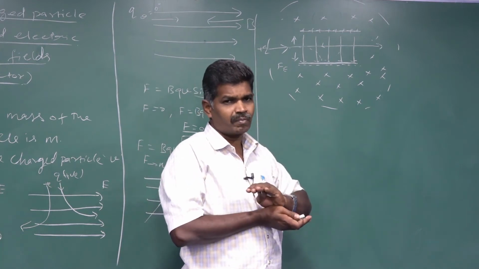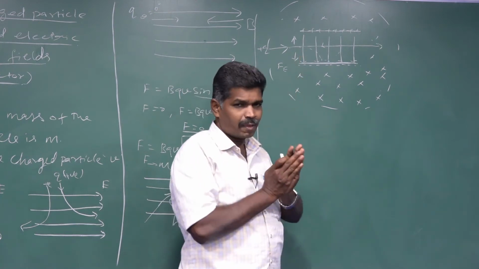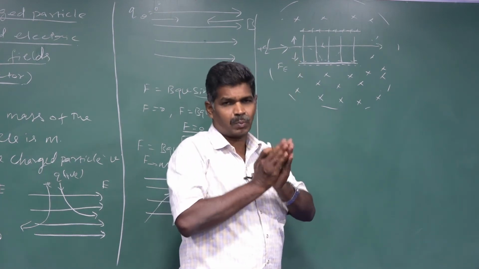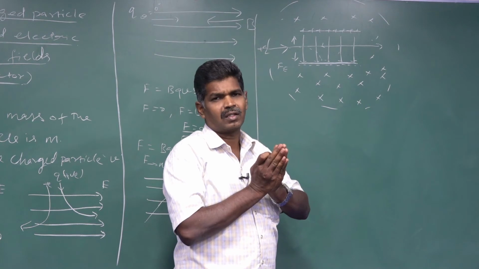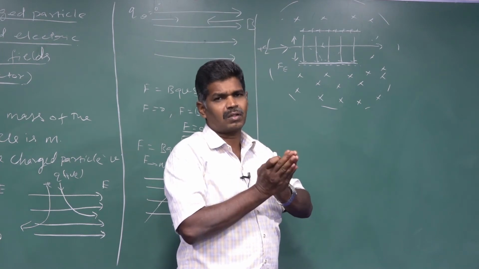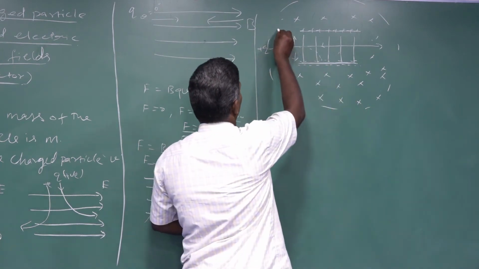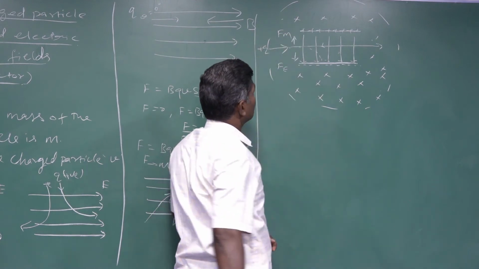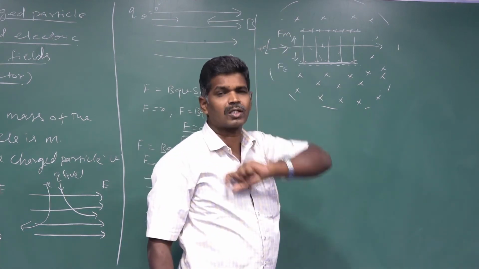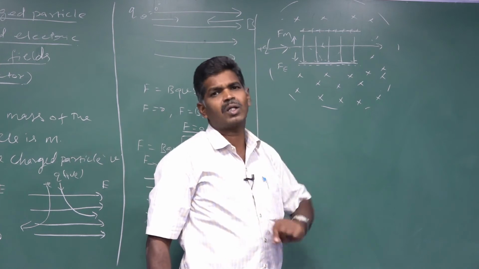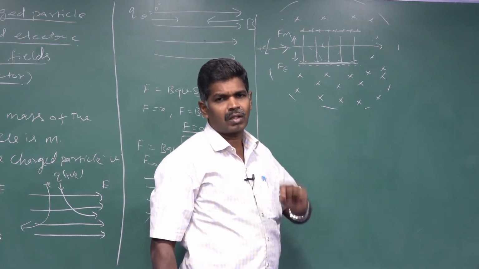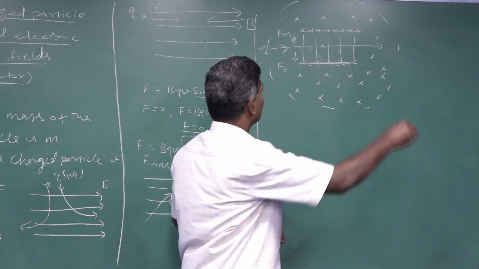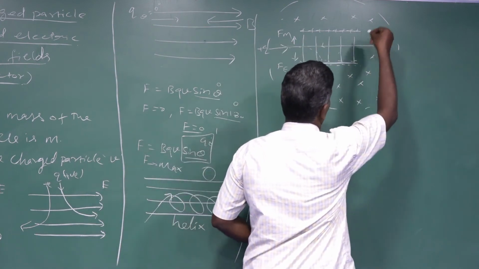That is why we use an electromagnet to produce a uniform, adjustable magnetic field, so that the magnetic force Fm, the magnetic Lorentz force, is equal to the electric force. Then only can the charged particle move in a straight line.